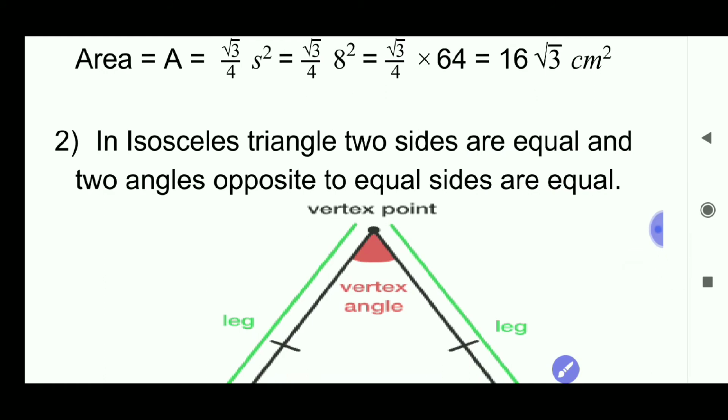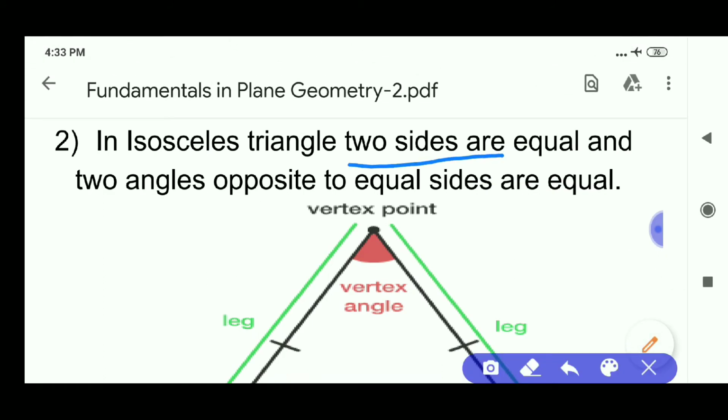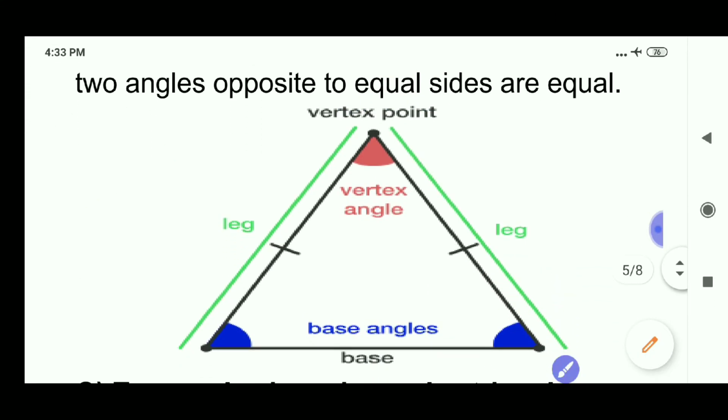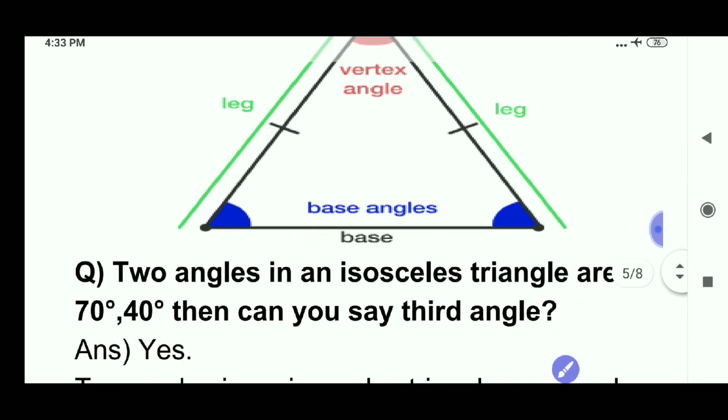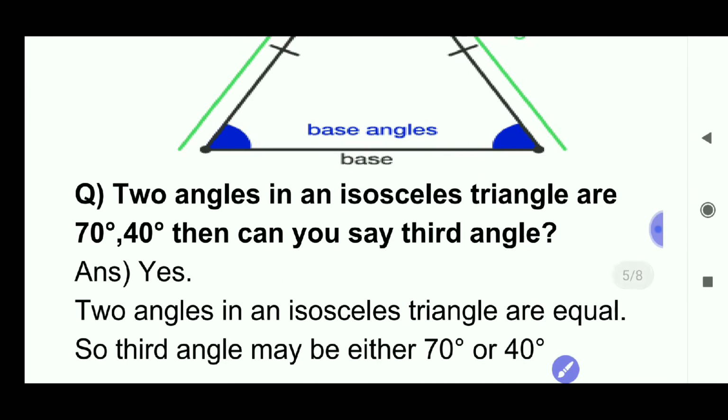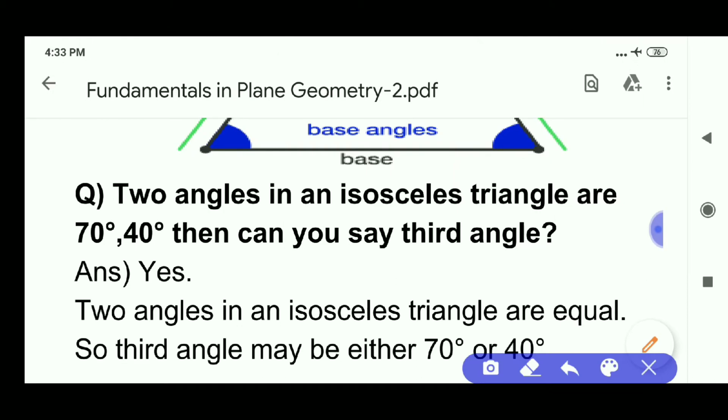Isosceles triangle. In this, two sides are equal and the two angles opposite to the equal sides are equal. Here, two sides are equal, so its opposite angles are also equal. Question. Two angles in an isosceles triangle are 70 degrees and 40 degrees.